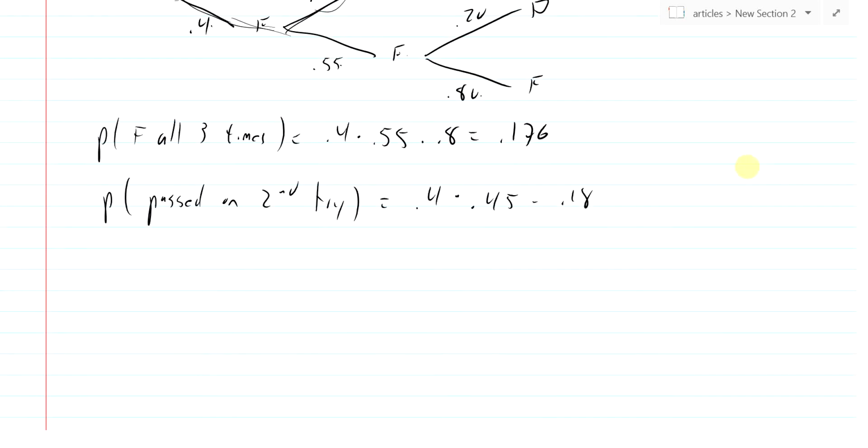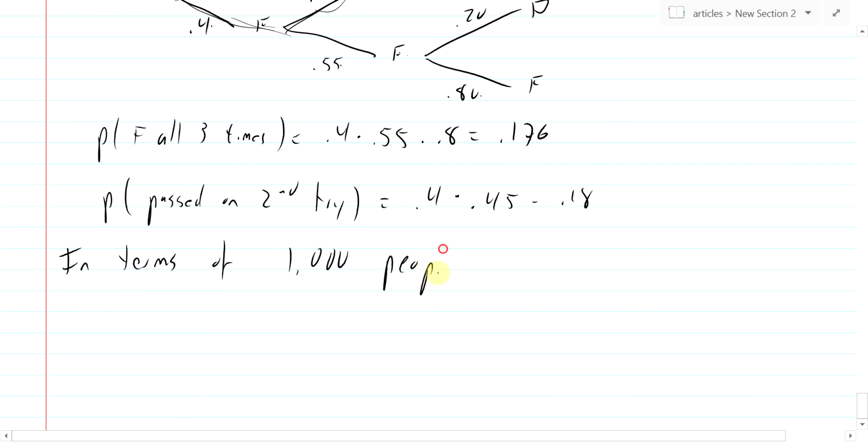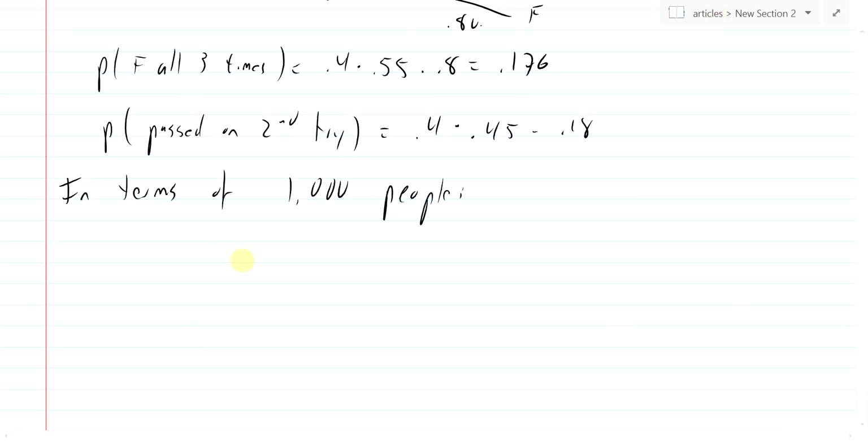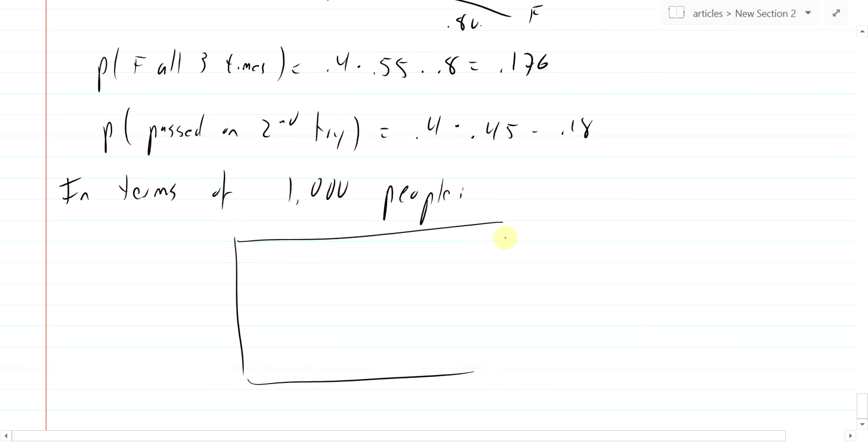And you can think of this as sort of a weird Venn diagram. Suppose 1,000 people took this test. What do we know? So here's our 1,000 people. We know that 60% passed on the first try.